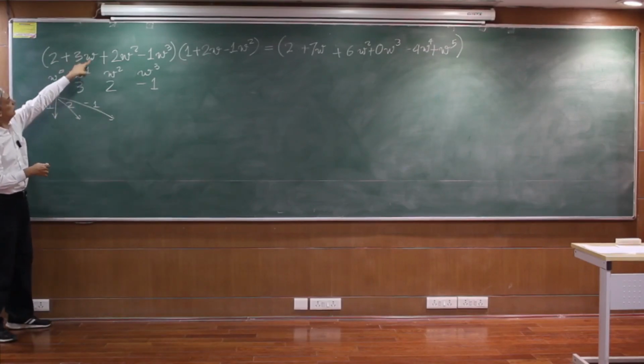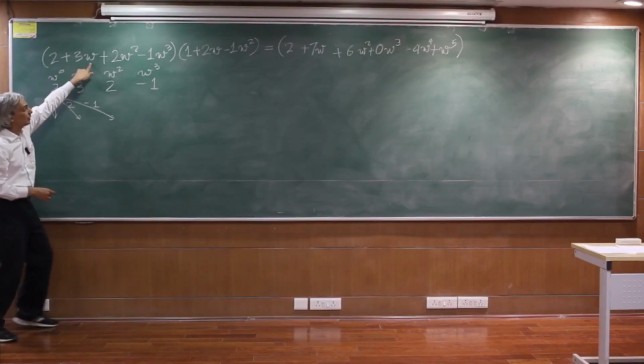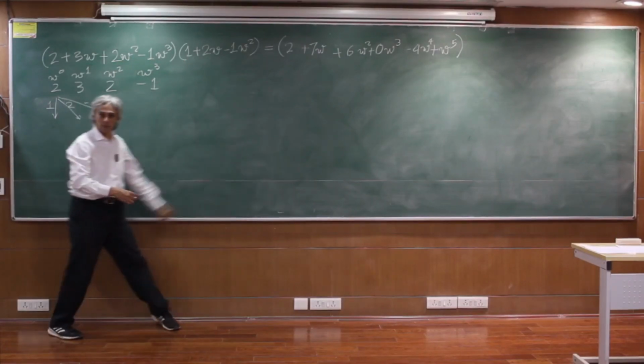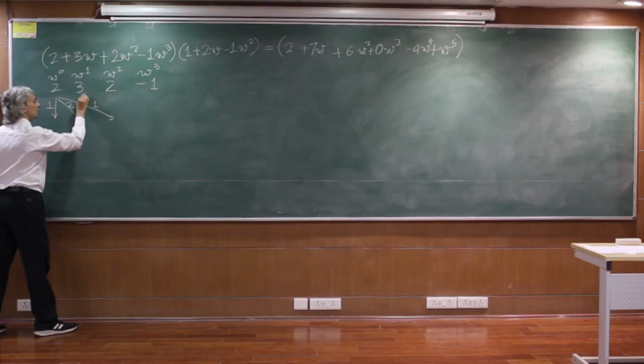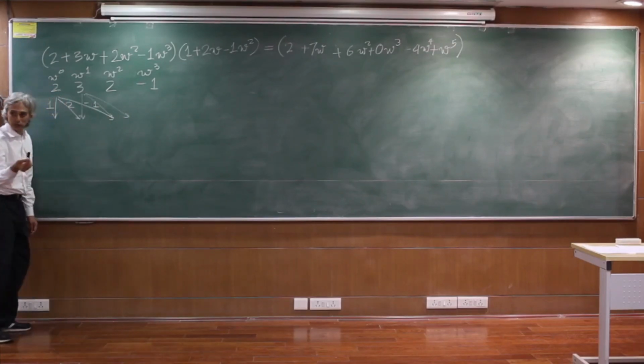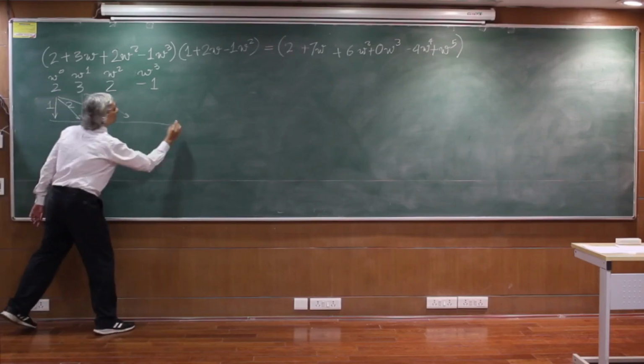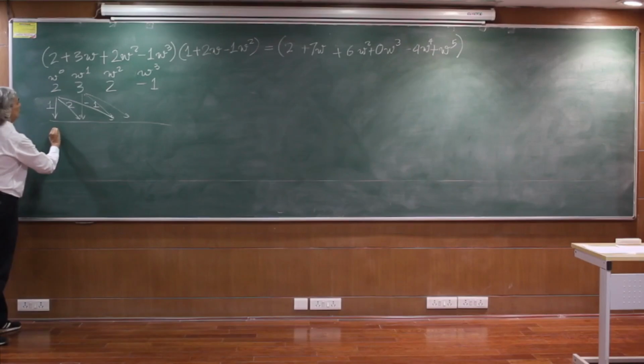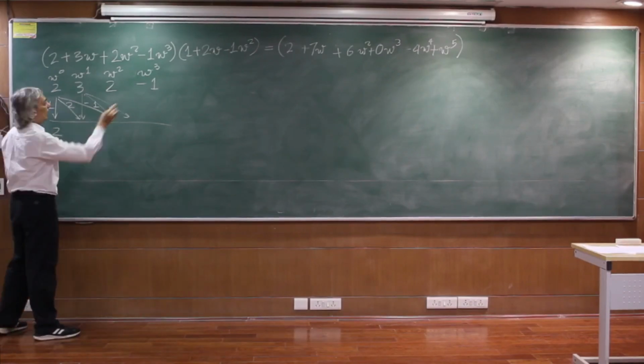Similarly, 3W raised to 1, there is already a W here. So now that will go into W and W square and W cube. And you will get the same multipliers. And so it's a convolution. Correct? Right? And so you get that answer that you get, 2 and 7.